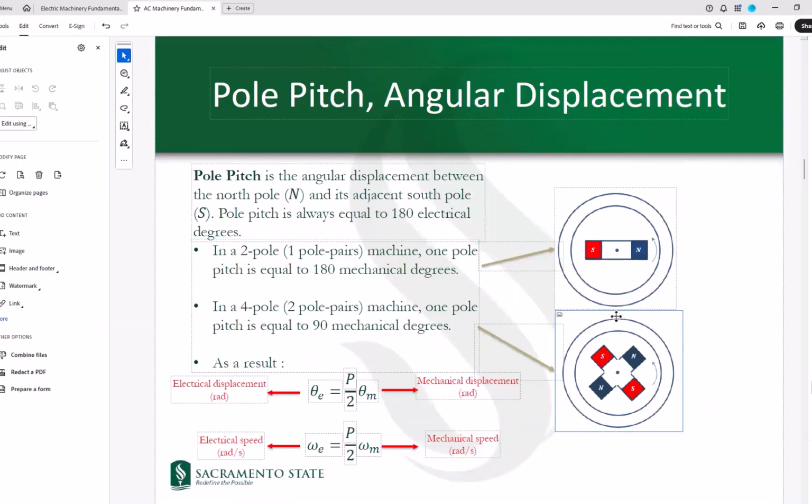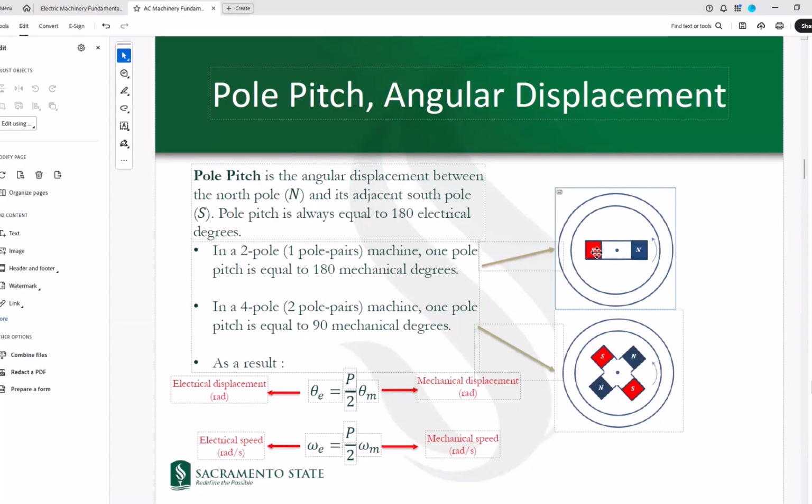So this brings us to some definitions. The first definition is pole pitch. Pole pitch would be the angular displacement between the North Pole and its adjacent South Pole, which should always be equal to 180 electrical degrees. So let's look at this setup, which is a 2-pole setup.